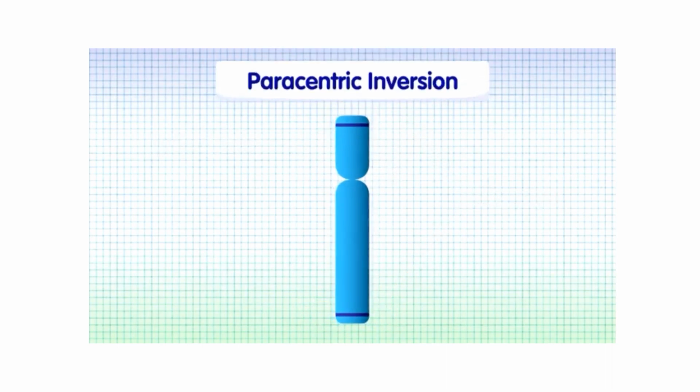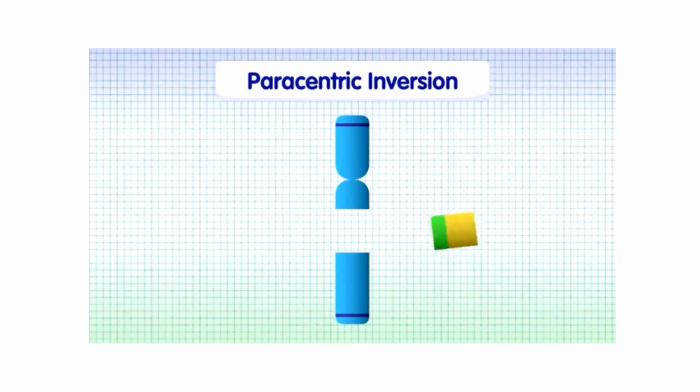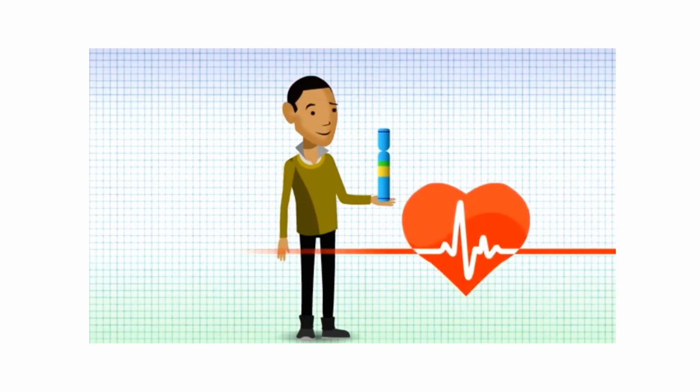A paracentric inversion describes a situation where a chromosome has broken in two places. The intervening segment does not contain the centromere, and the segment has turned 180 degrees and reinserted itself upside down. Most people who carry paracentric inversions are healthy.